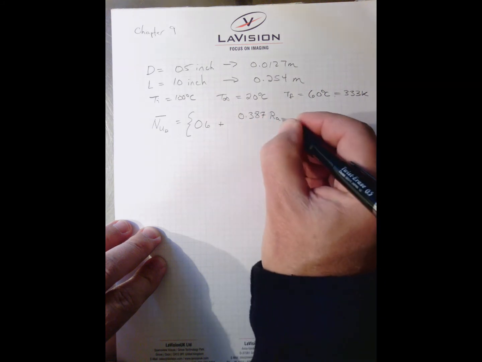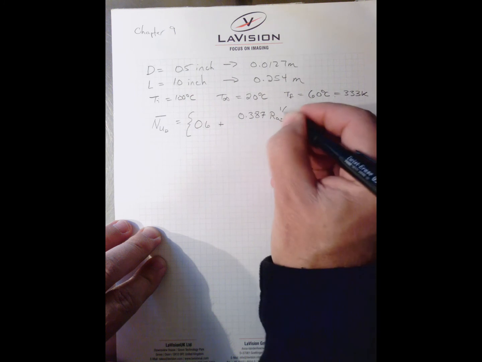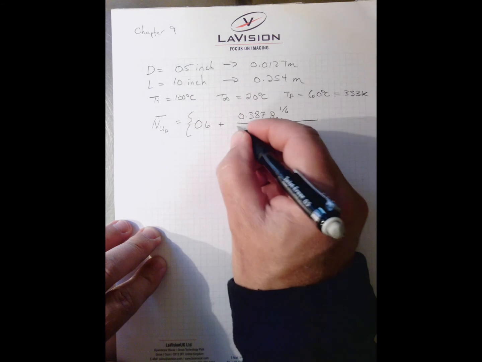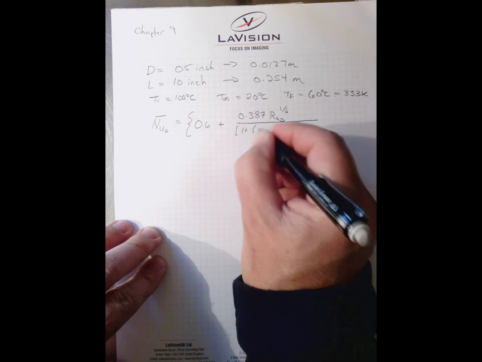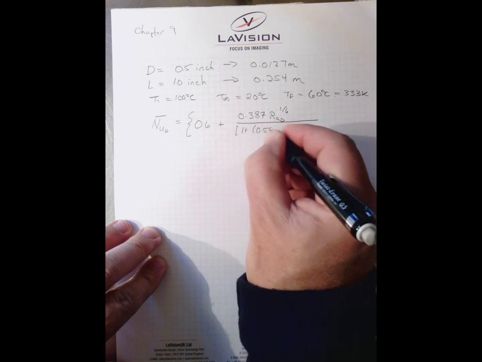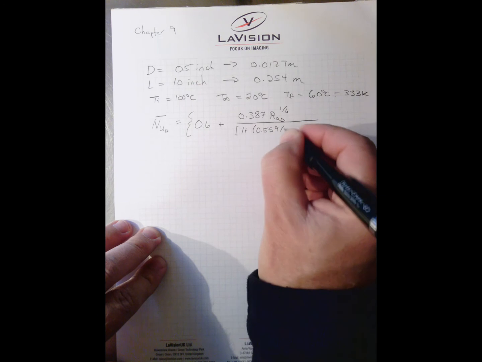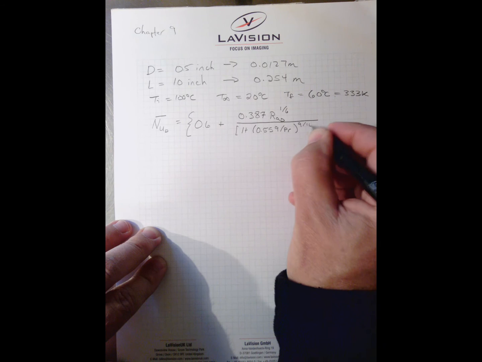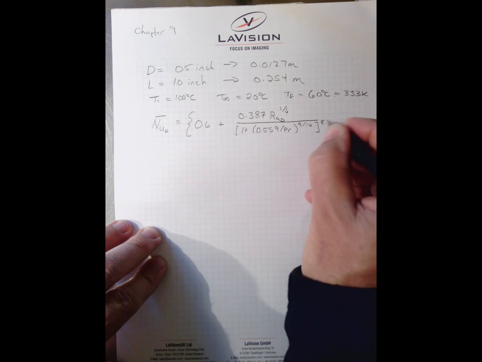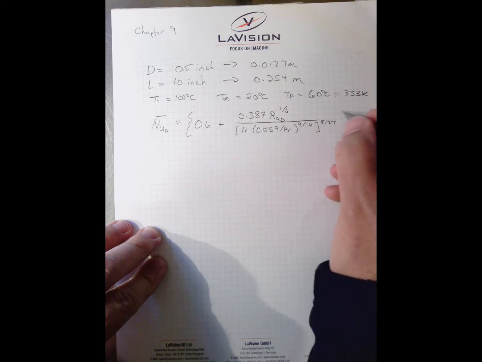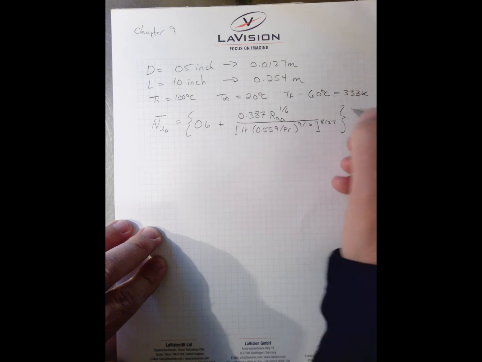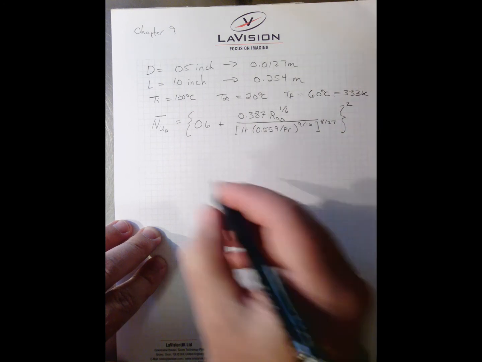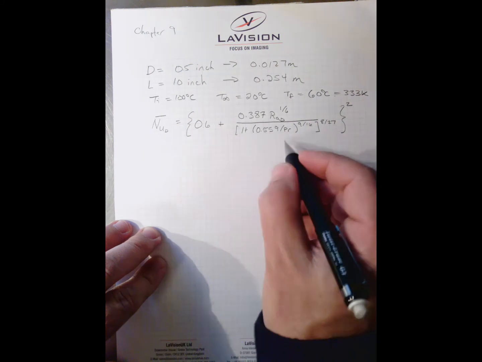Of course, the driving parameter for natural convection is Rayleigh number, and we're going to have to compute what that is in a second, but I'm going to write the correlation down first. Okay, there's our correlation. It involves a Prandtl number and a Rayleigh number.